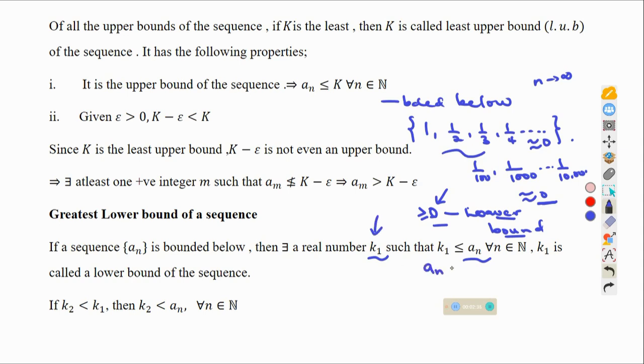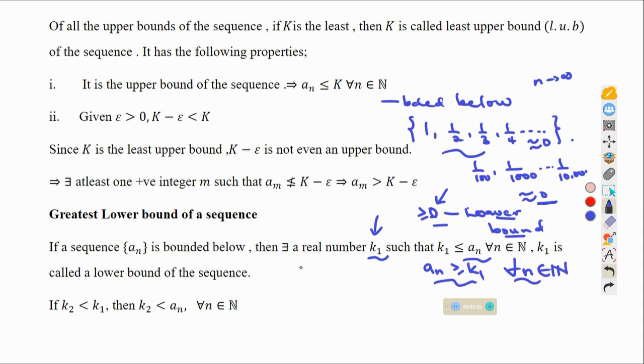So the terms of this sequence are greater than that real number, and this is applicable for all n that you pick: a1, a2, a3, a4, all those terms will be greater or equal to k1. And that's why when we used such an example, we said that k1 can be 0, since all these terms here will be greater or equal to 0.